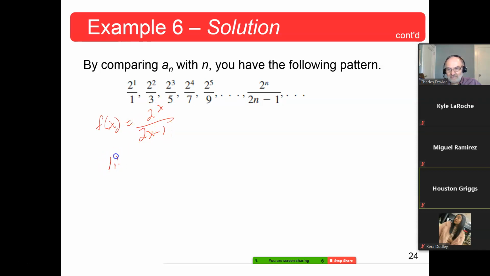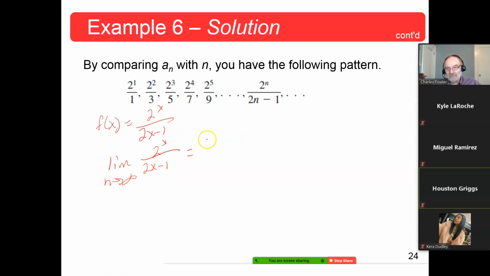We want to take the limit of that as x goes to infinity. As x goes to infinity, the numerator gets infinitely large, and the denominator gets infinitely large. Who's winning? It looks to me like the numerator is going to outpace the denominator big time, but let's take a look and see.